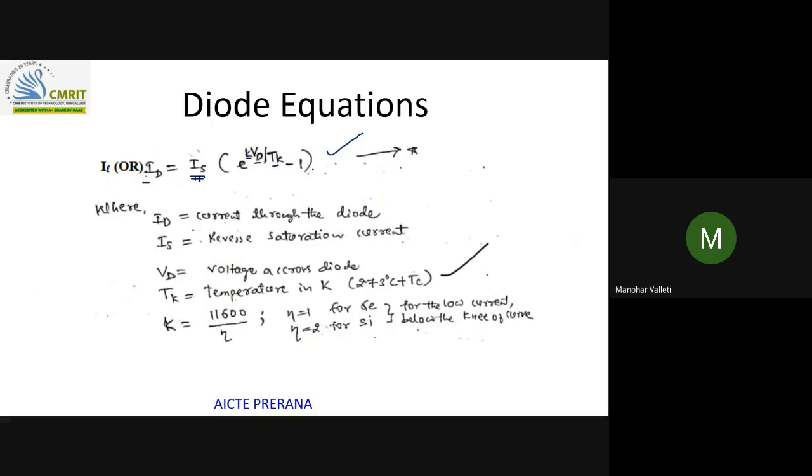This n is the ideality factor, n equal to 1 for germanium and n equal to 2 for silicon. Generally we will use silicon only, so most probably we will substitute n equal to 2 in our problems.